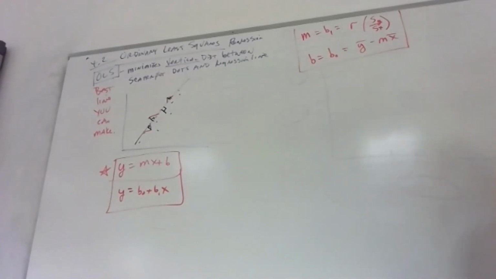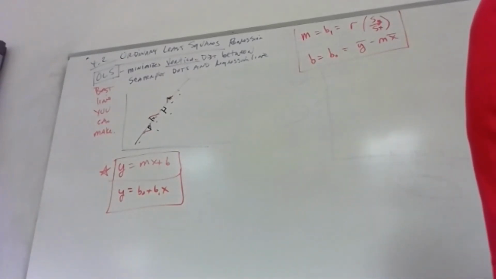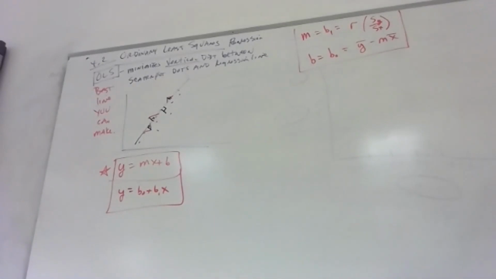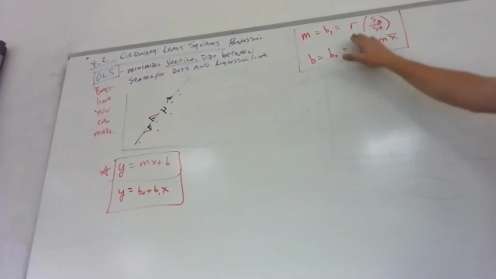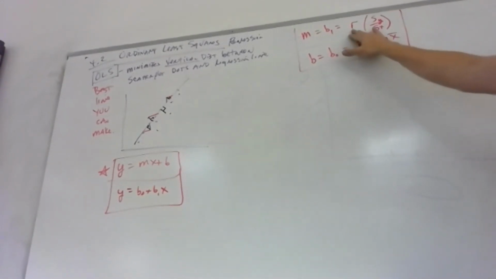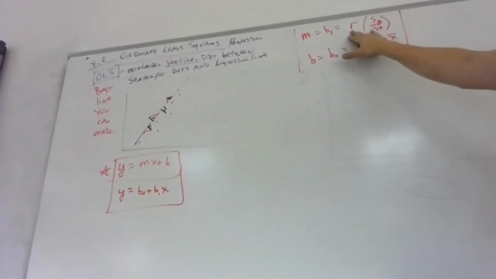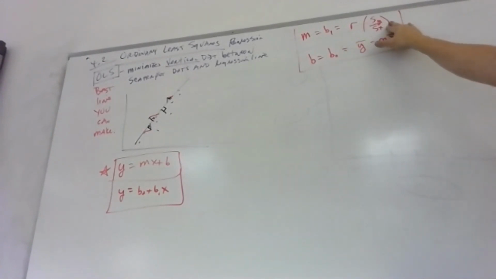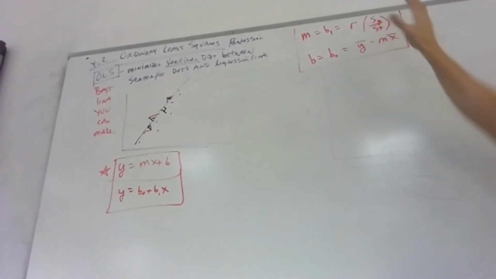Now we want to find my slope. Okay, so my slope in this case, according to my equation, is my correlation coefficient. So I'm going to click on my correlation coefficient. I'm going to multiply that by the standard deviation of Y.